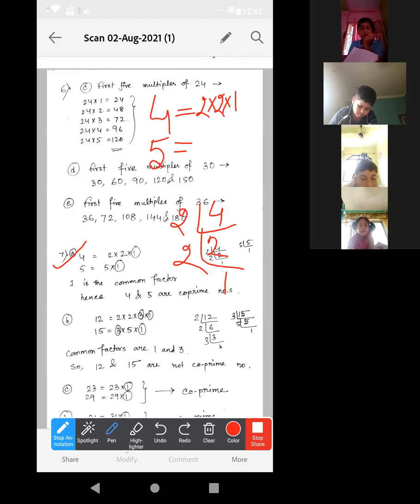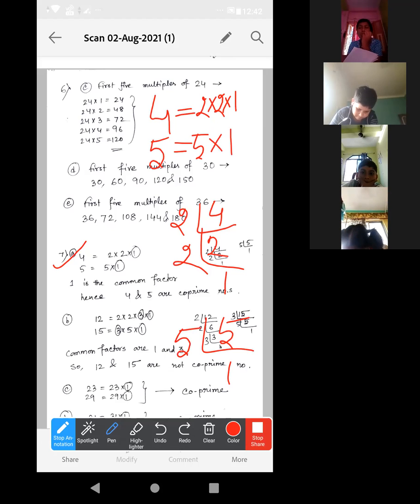5 is itself a prime number, right? So 5 is 5 into 1. Now we have to check which one is common in both of them. In 4, the prime factorization is 2 into 2 into 1. Here, 5 into 1.